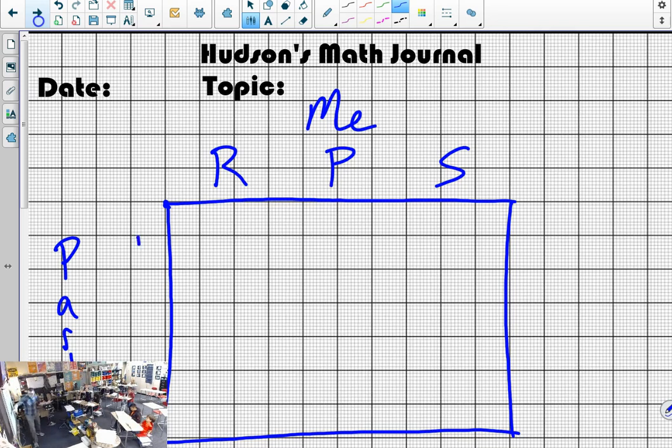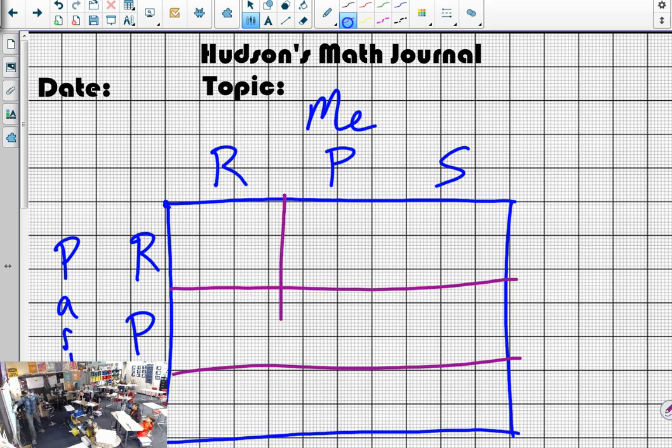Rock, paper, and scissors. 3 options. Can we anticipate how many total possible outcomes there will be inside my table? How do you know that? 3 options by 3 options. When I make my grid, it's going to make 9 sections.